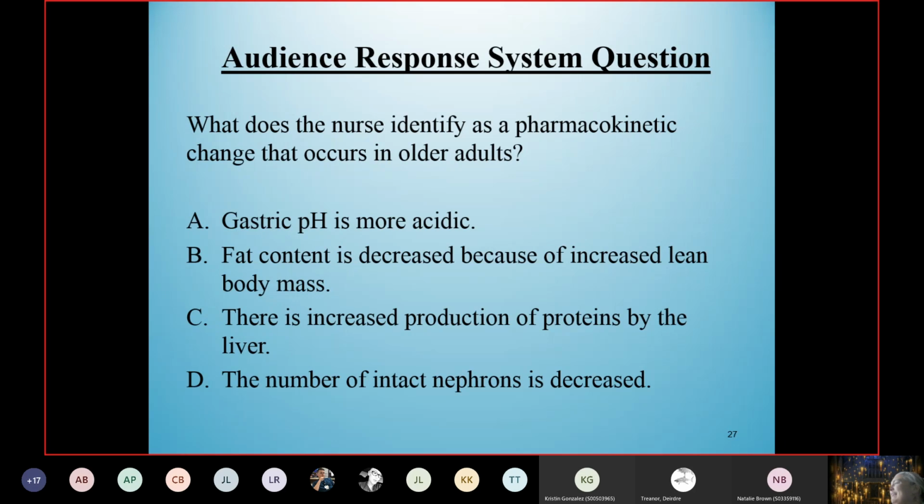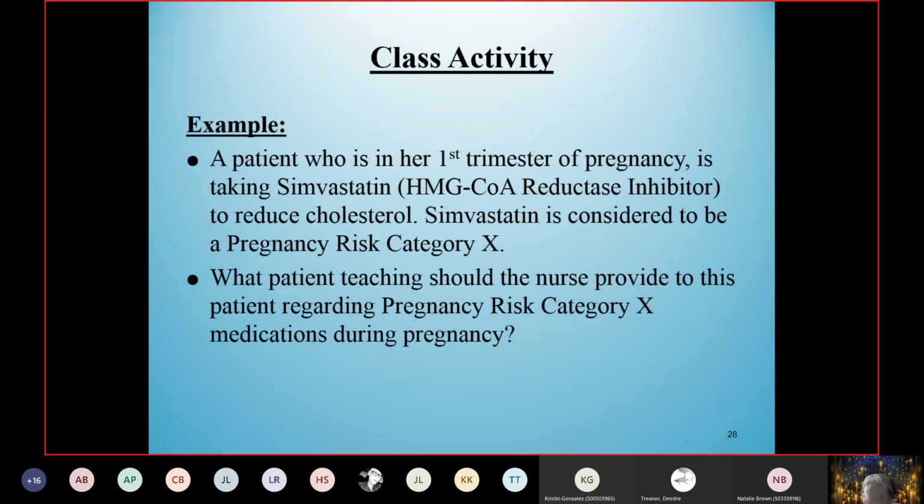Or D, the number of intact nephrons is decreased. Oh, don't pick on Sean. It is D, correct. Good job, guys.